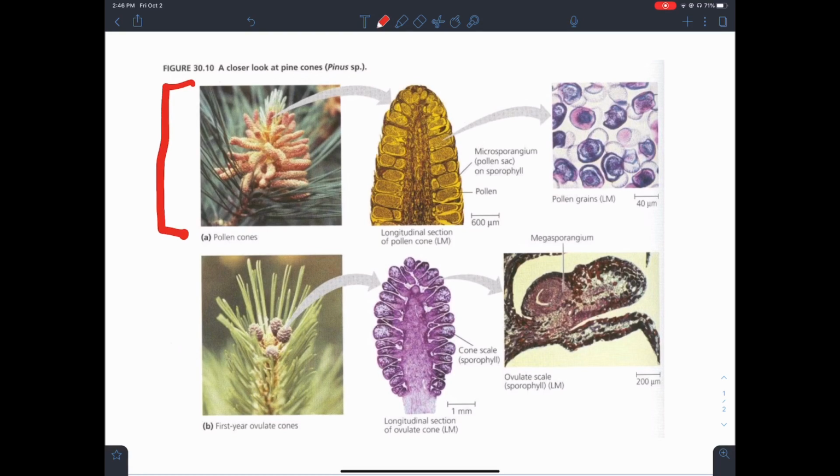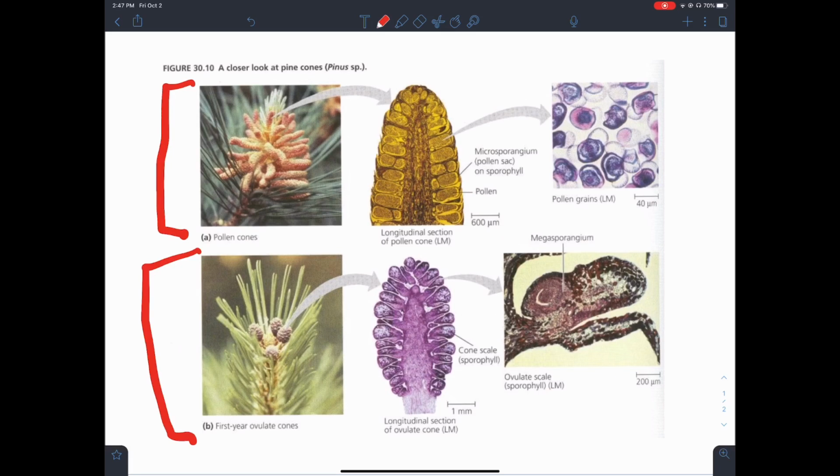They make microspores that mature into the microgametophytes, which are essentially the male gametophytes, and they make these ovulate cones that produce megaspores that grow into megagametophytes. So they make two different types of spores, and these spores are genetically predetermined to either produce eggs or sperm on male or female gametophytes.